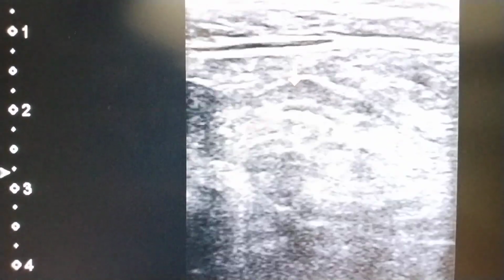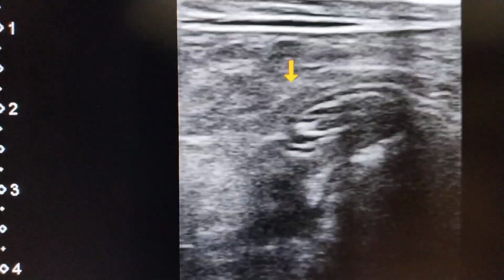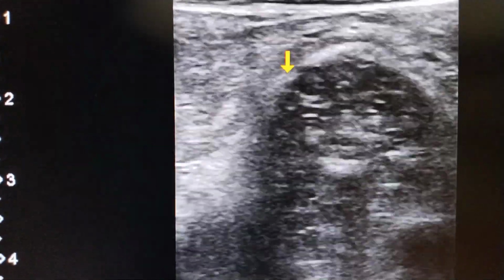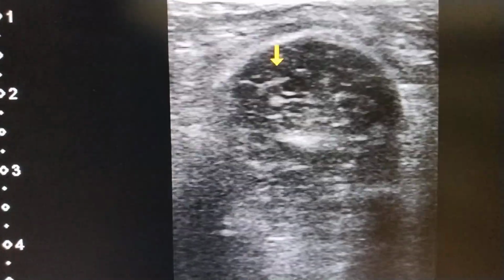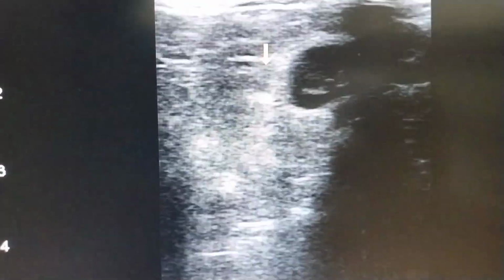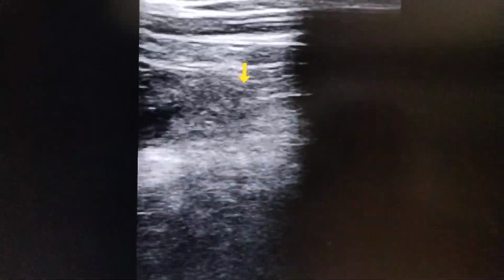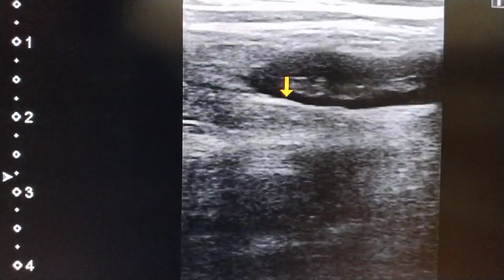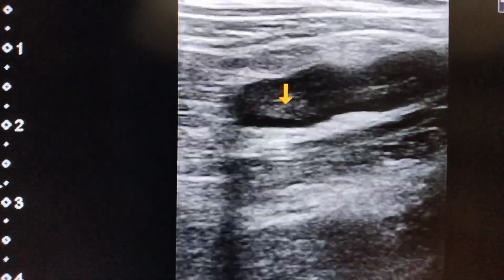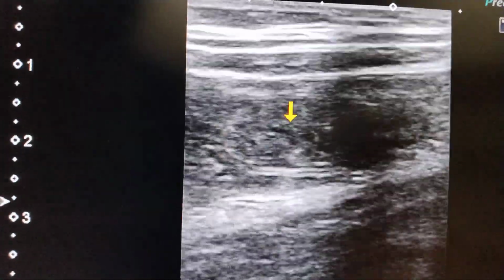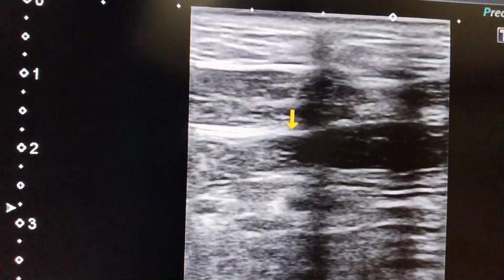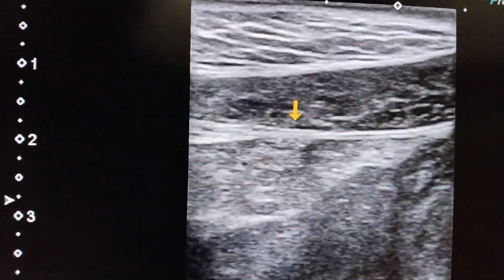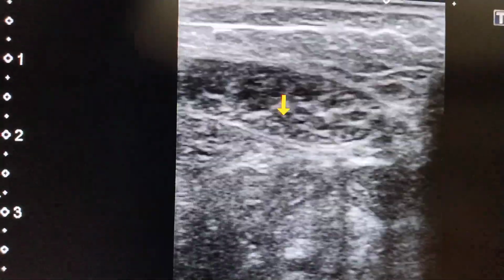So in this case we have seen that this patient is having a disease process involving the sigmoid colon, descending colon, then transverse colon, both flexures, splenic and hepatic.